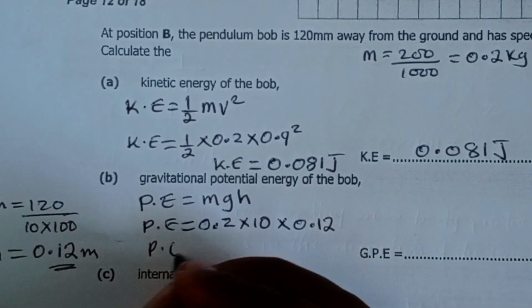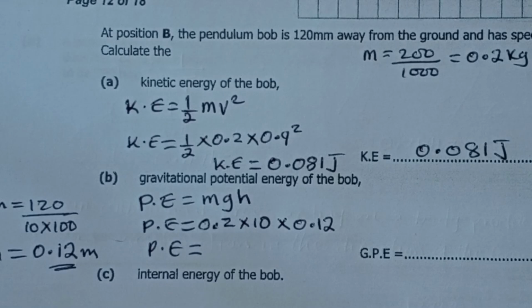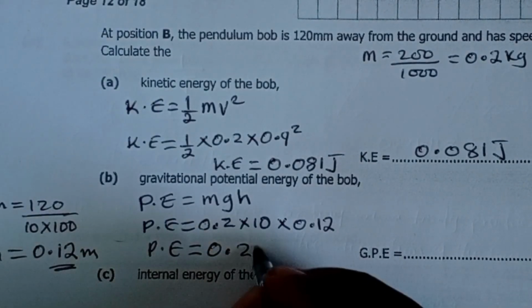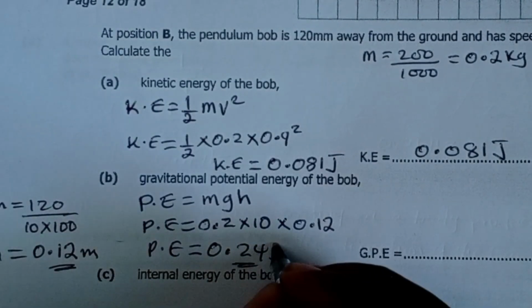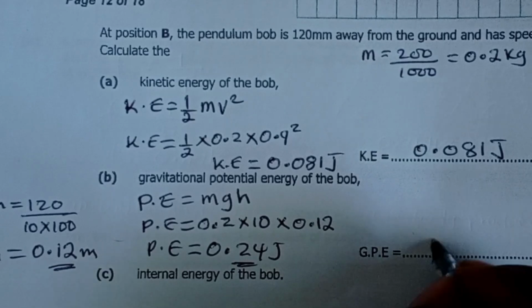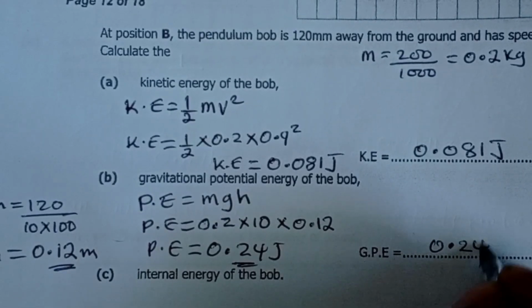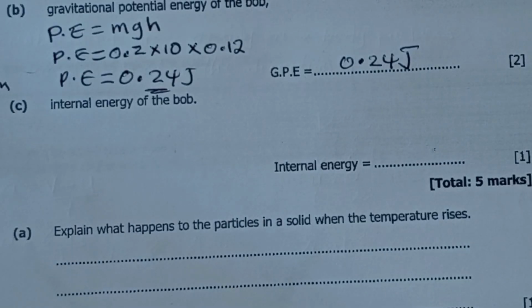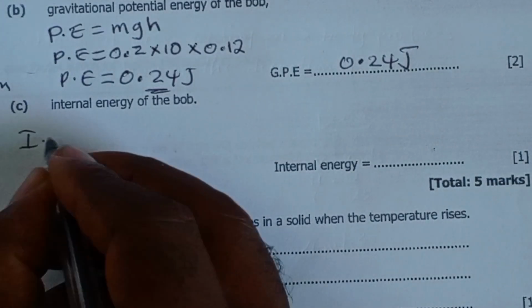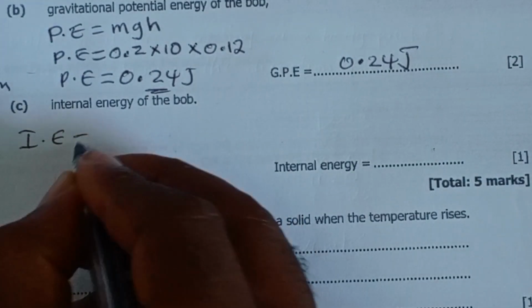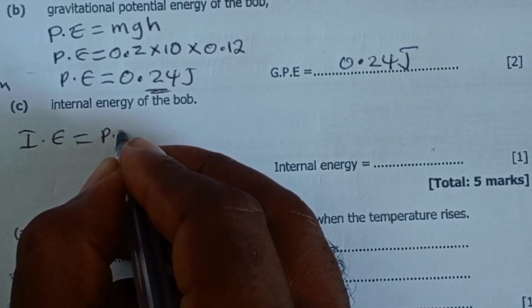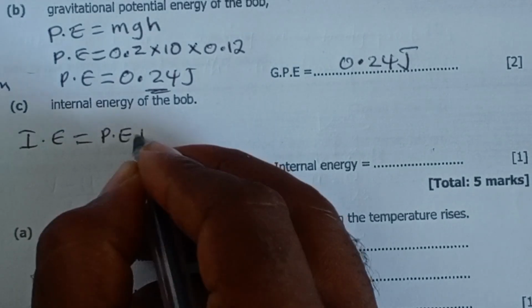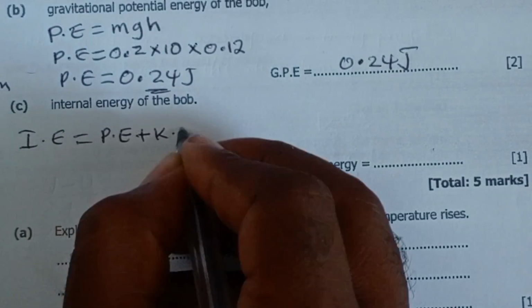So potential energy is equal to 0.24 joules. So 0.24 joules. But see, the internal energy of the bob, so the internal energy of the bob is equal to potential energy plus kinetic energy.